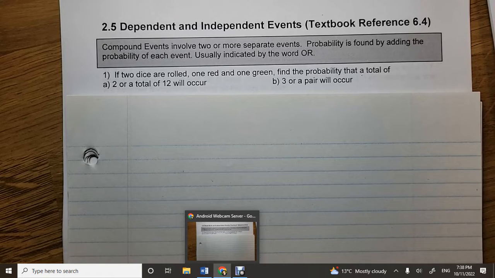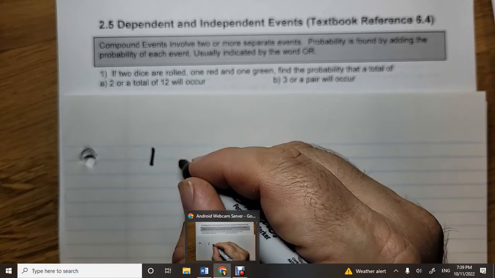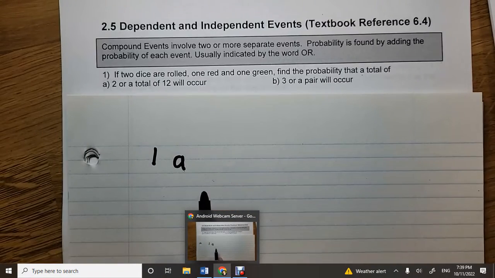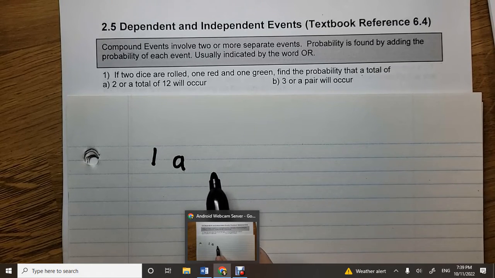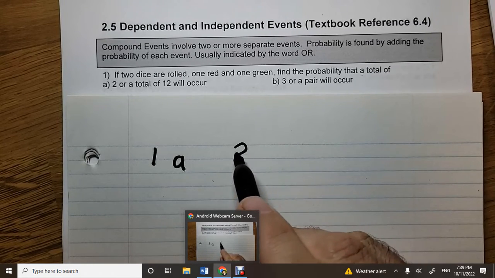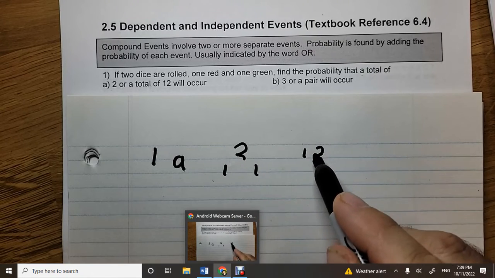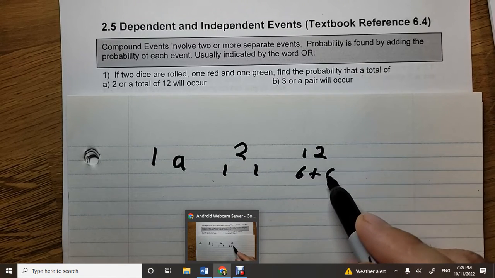If two dice are rolled, one red and one green, it really doesn't matter, find the probability that a total of 2 or a total of 12 would take place. So we've done 1A before a few times. The probability of 2 is 1 and 1, the probability of 12 is 6 and 6.